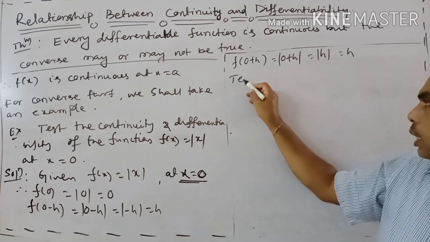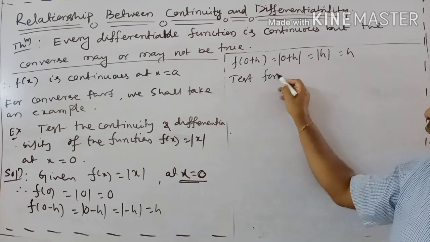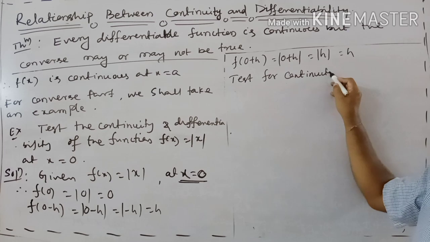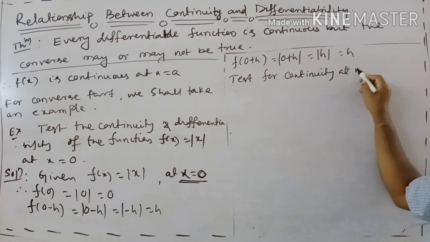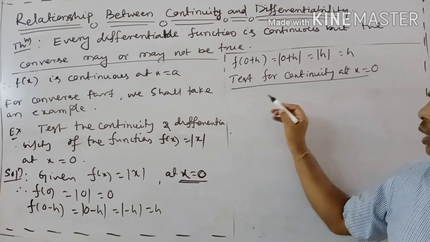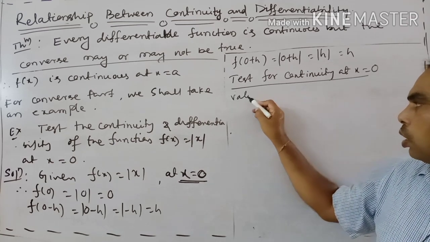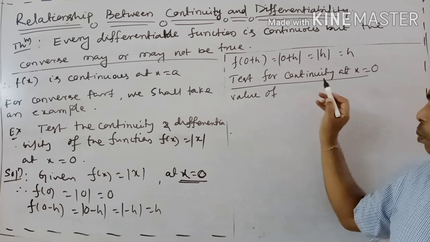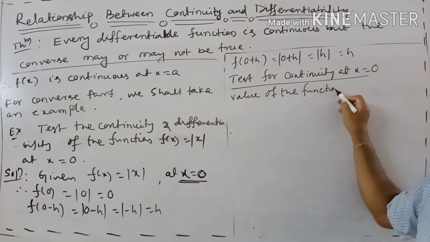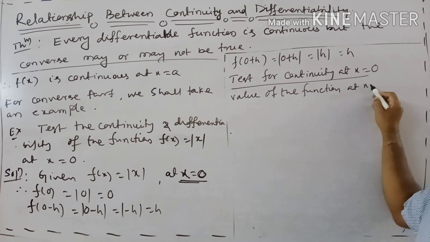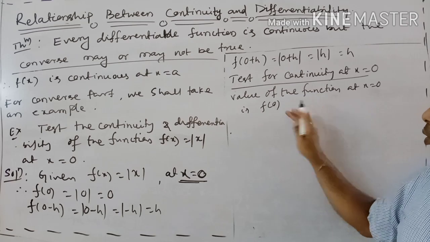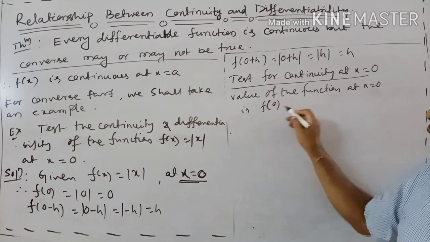Test for continuity at x is equal to 0. First, the value of the function at x is equal to 0 is f of 0. f of 0 is what?